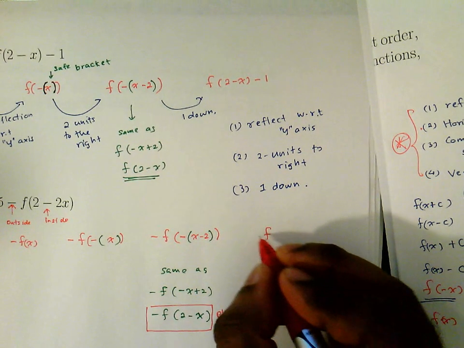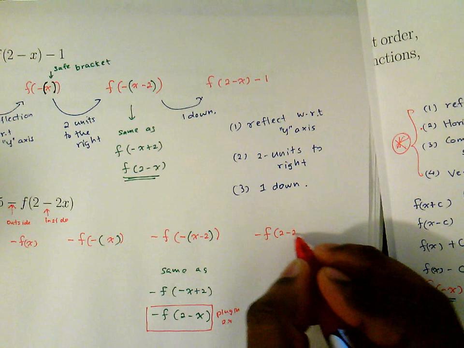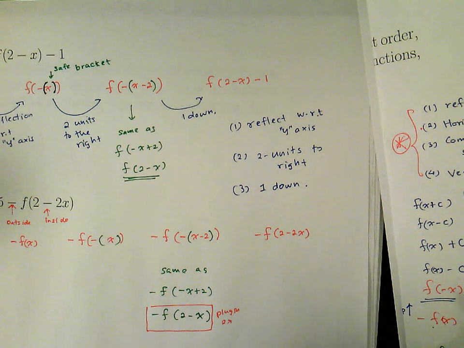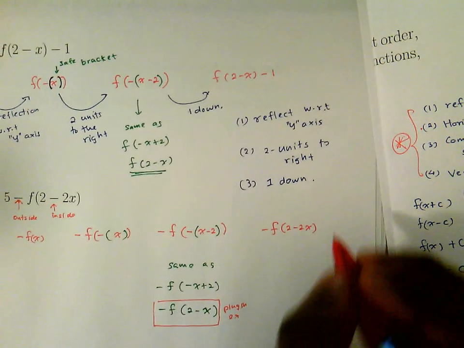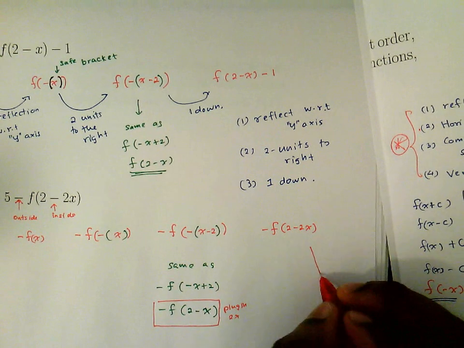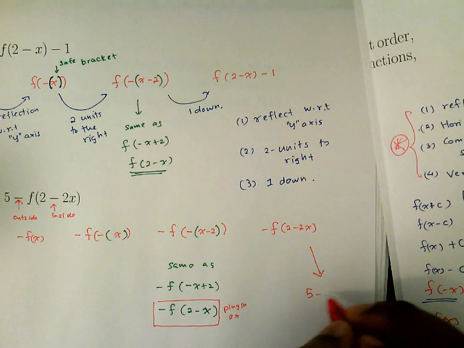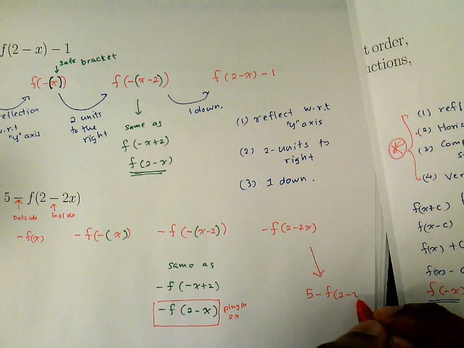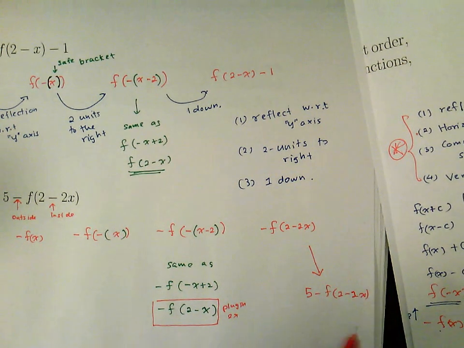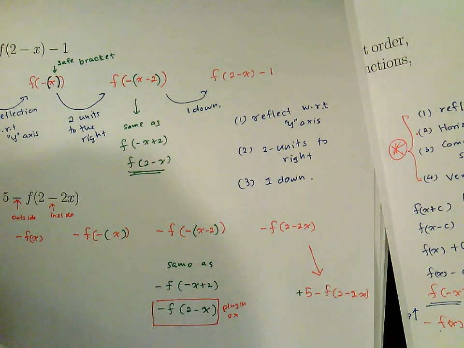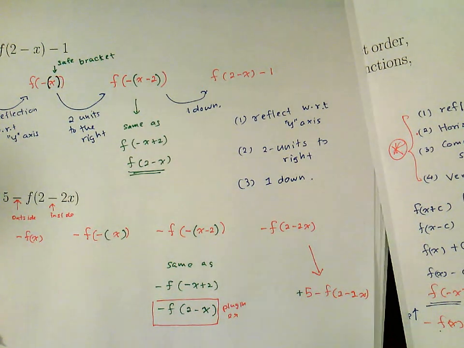So negative f of 2 minus 2x, and lastly add 5. I just did add 5, so that's that. So that's the function we need.